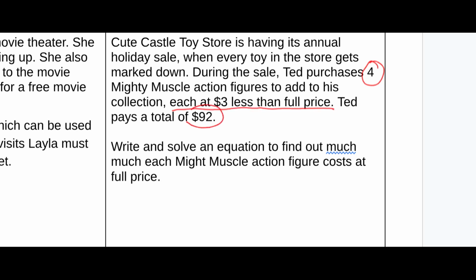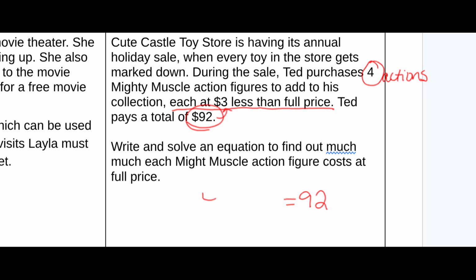Ted pays a total of $92. So we know that it's going to equal 92, and then that $3 also means money. The 4 is talking about action figures. It's going to have to go with a variable. But all of this is talking about the 4 action figures that he purchased.